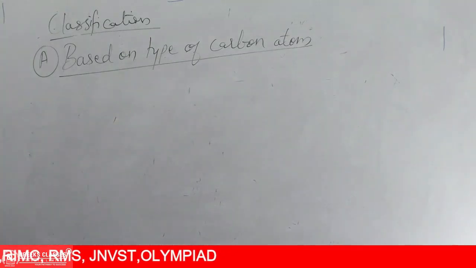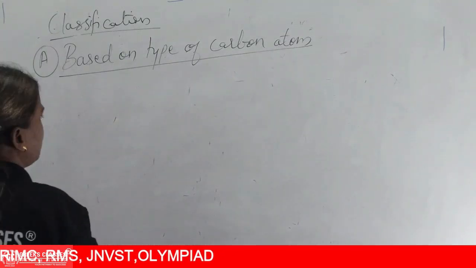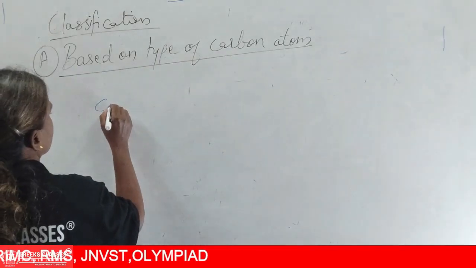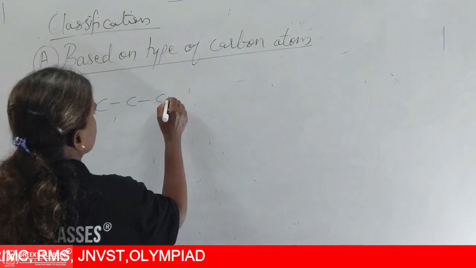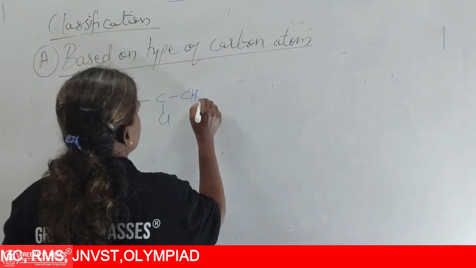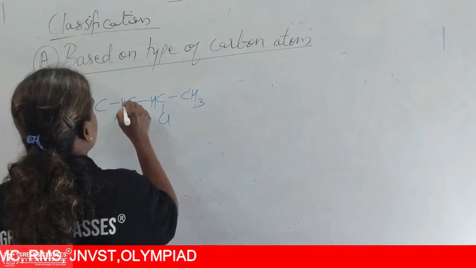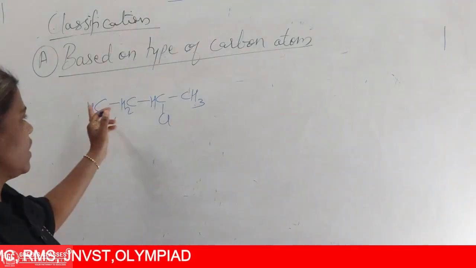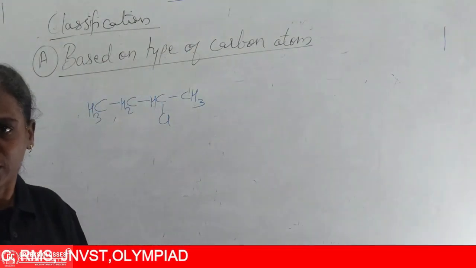So in this class, let us say, for example, chlorine is over here. In this compound, everywhere there is a carbon-carbon single bond.